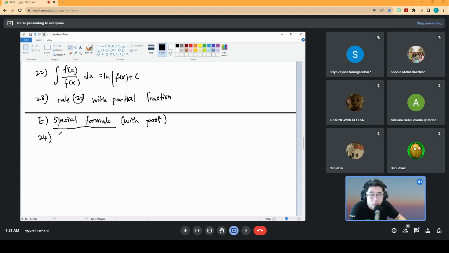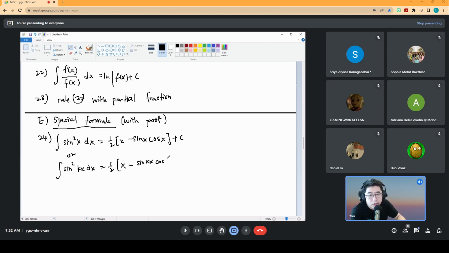So for example, we have sine 2x sine square x dx equals 1 over 2 of x minus sine x cos x plus c, or sine square kx equals 1 over 2 of x minus sine kx cos kx over k plus c.